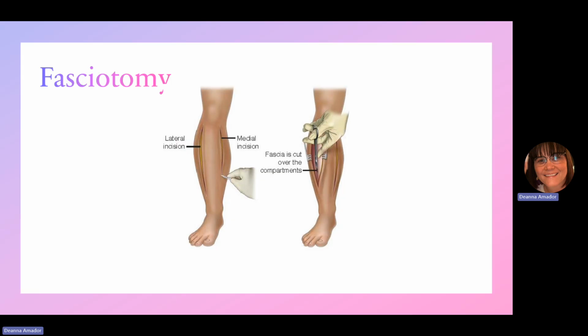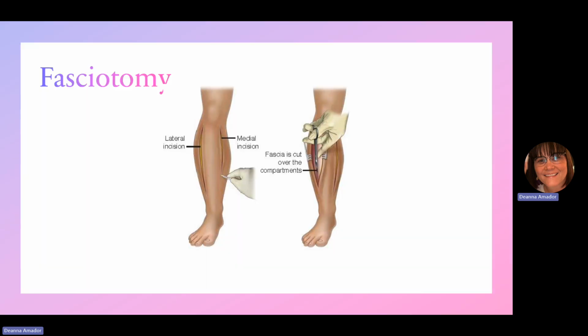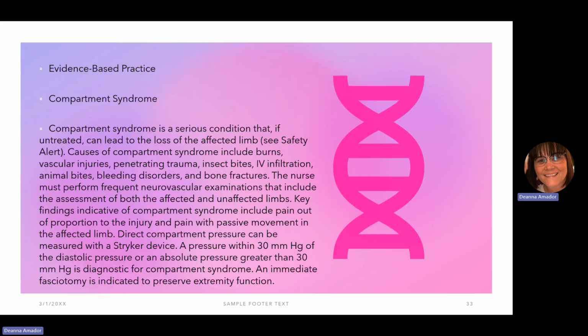Here's a picture of a fasciotomy that they're doing. And then also back on here, you can click on this YouTube link and it'll show you a video of them doing a fasciotomy. It's actually a pretty good video, so I would encourage you to watch it. So this is just a picture of a fasciotomy.